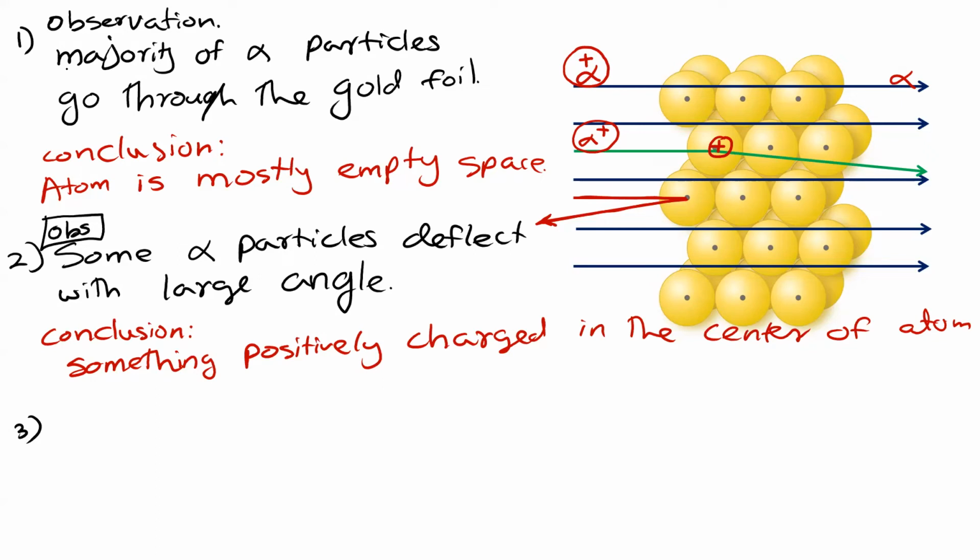Remember, in the first observation, the majority of the particles go through. In the second observation, some of the alpha particles deflect with a large angle. In the third observation, a very few number of particles bounce back.